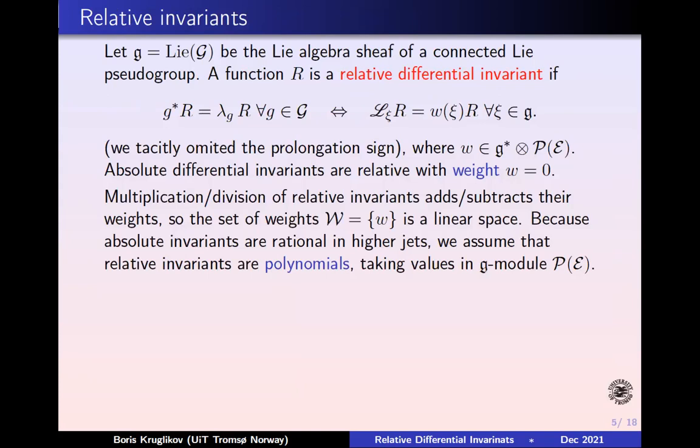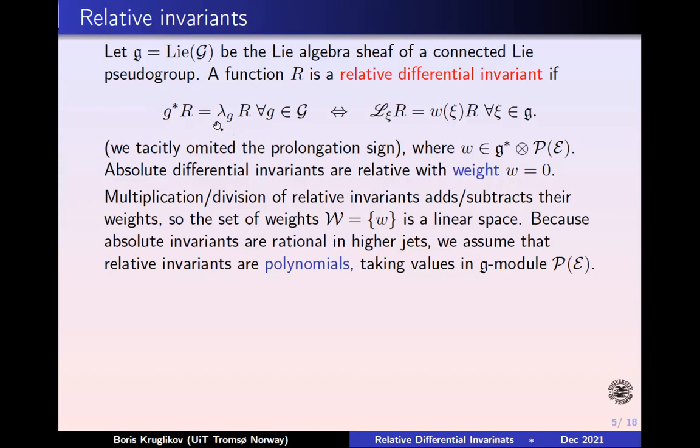Now, my talk will be about relative invariance. The previous story was about absolute differential invariance. So we consider the Lie algebra sheaf of this pseudogroup G, also denoted by G. And let me first formulate the story on the manifold. That's why I actually don't write any prolongation signs for jets. A function R is a relative differential invariant if the action by the pseudogroup preserves it up to a multiplier.